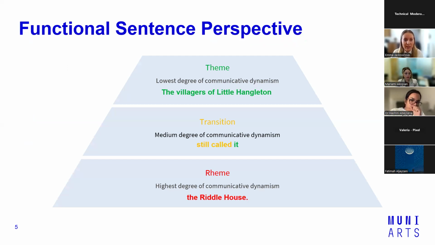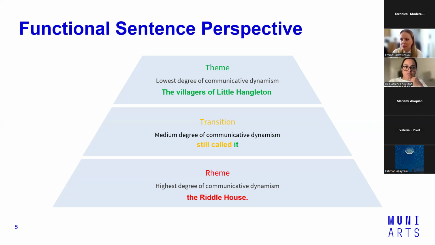So here is a sentence broken down by its FSP elements, so I don't just talk about theory, but also show you some application. I actually used a sentence from my survey, which I will talk about in a few minutes. The villagers of Little Hangleton still called it the Riddle House. As you can see, the villagers of Little Hangleton and it are both the theme with the lowest degree of CD.